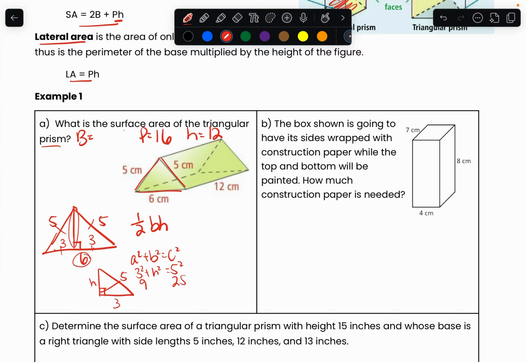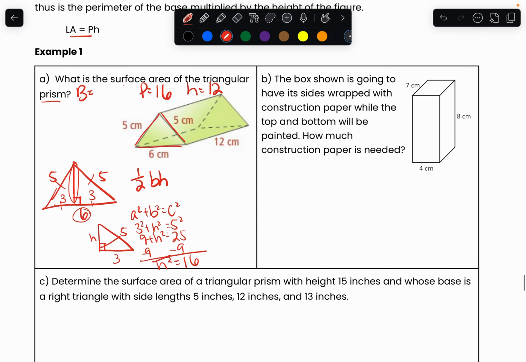To isolate h squared, I subtract 9 on both sides, which gives me h squared equals 16. I square root both sides to cancel out the square, and my h will be 4, which means the height of my triangle is 4.